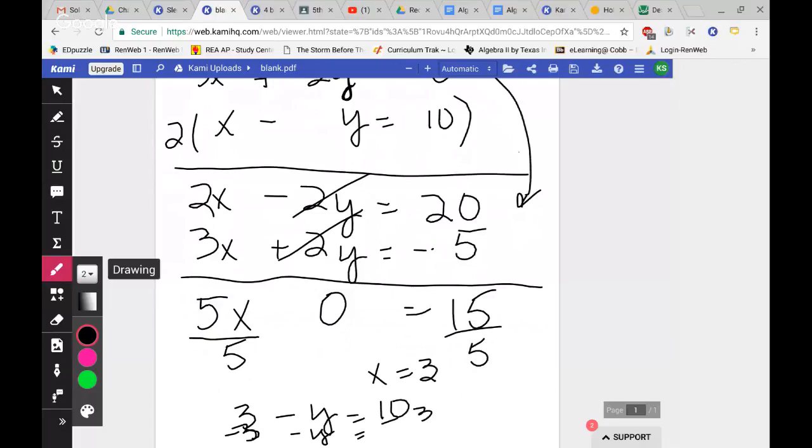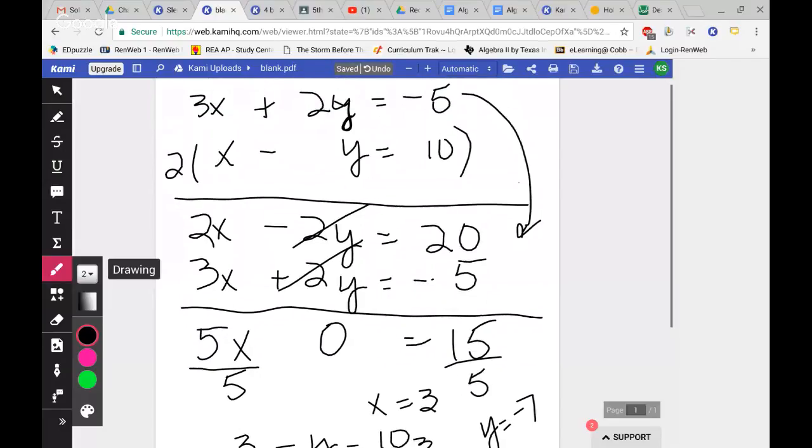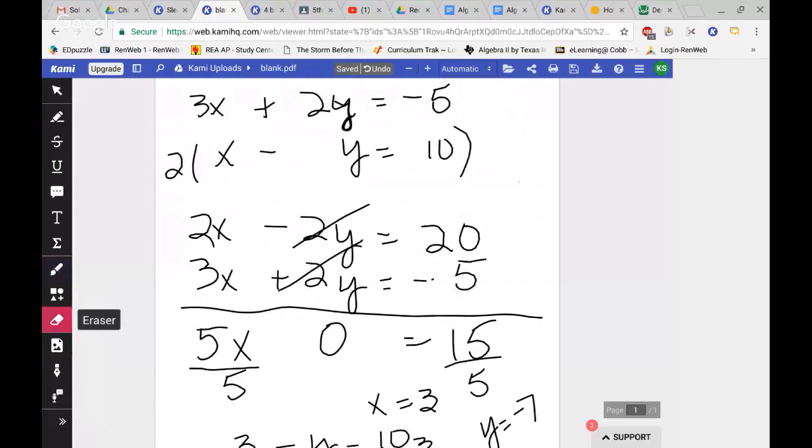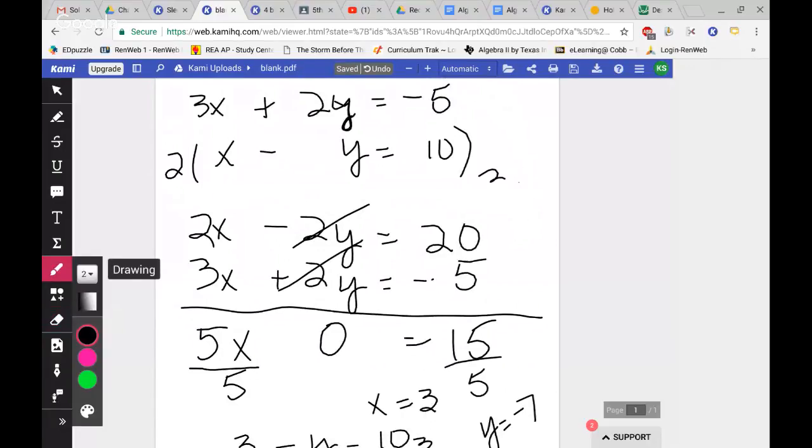And that's going to give me a 7. So minus y equals 7. Divide both sides by negative 1. And that's going to give me y equals negative 7. So the ordered pair that's a solution for this one is 3, negative 7.